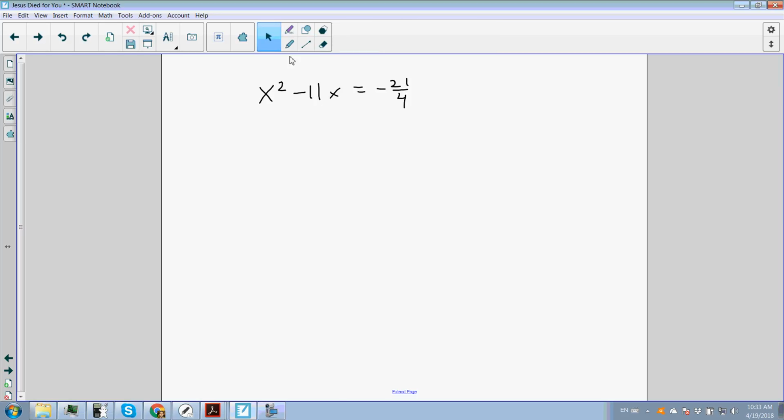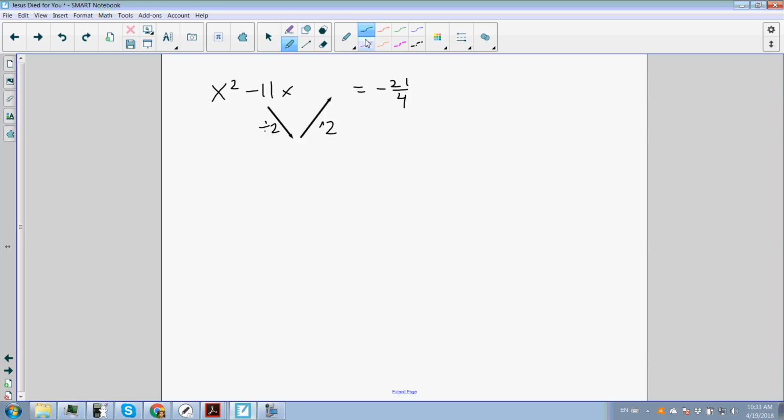First we need to give ourselves a little bit of space here. If you're doing it on paper, you want to leave space to complete the square. We have to find a constant that will make this a perfect square trinomial. To do that, you simply take the coefficient of x, divide it by 2, and then square it.